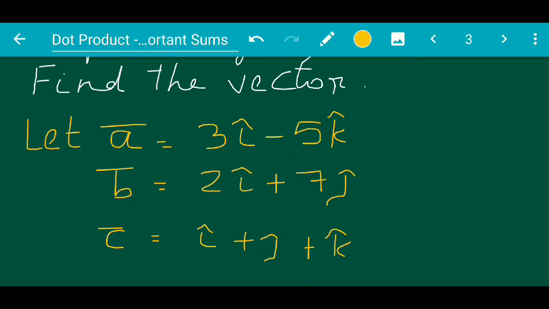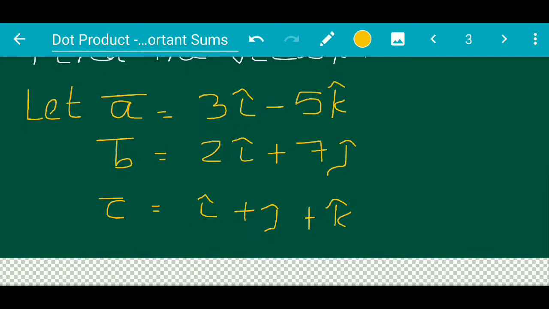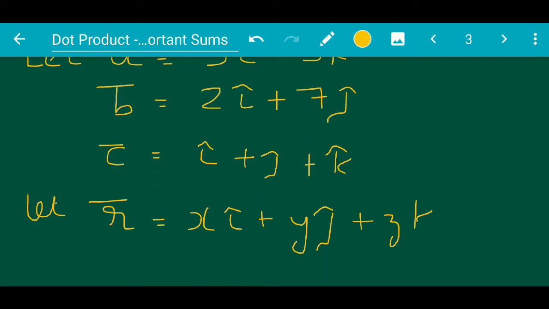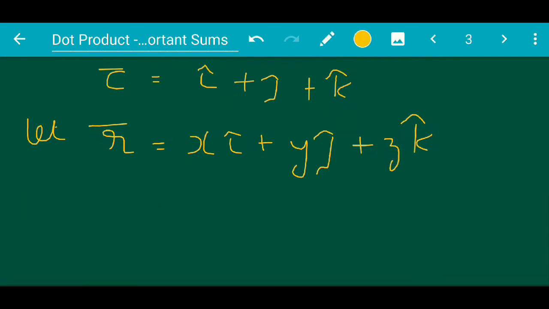Okay, upon having written this, let R be the required vector. We can take R bar this way. Let R is equal to xi plus yj, this is the most common method of taking it, plus zk be the required vector.